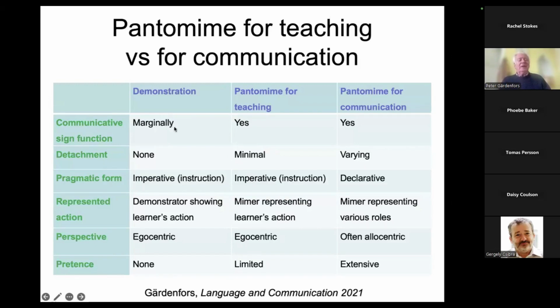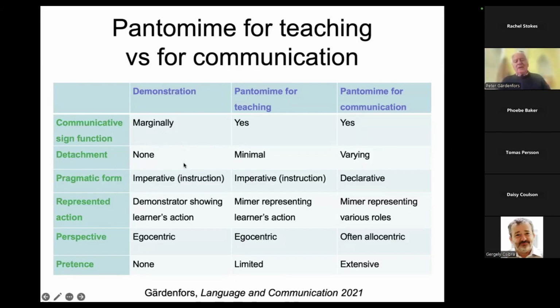So in demonstration, there is no sign function, but there is in pantomime for teaching, and there is, of course, in pantomime for communication. Detachment is this communicating about something that is not present here and now. In demonstration, you're doing something and it's here and now, and then of course you want the learner to do the same thing.